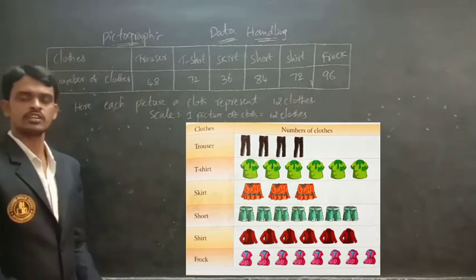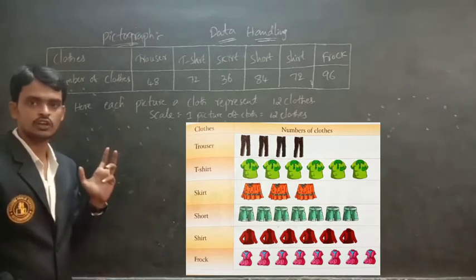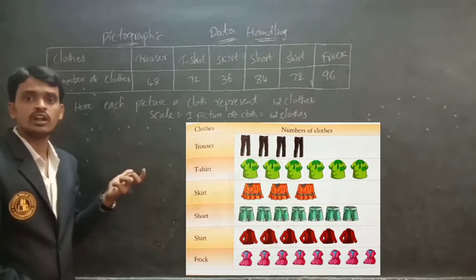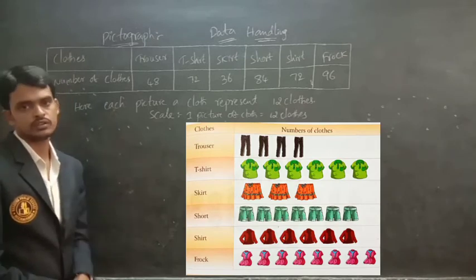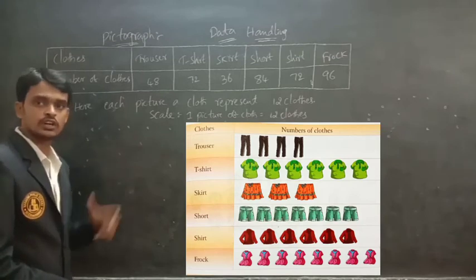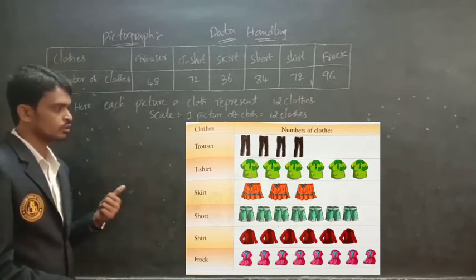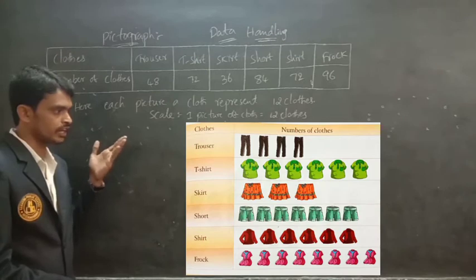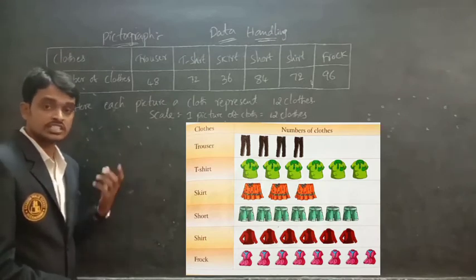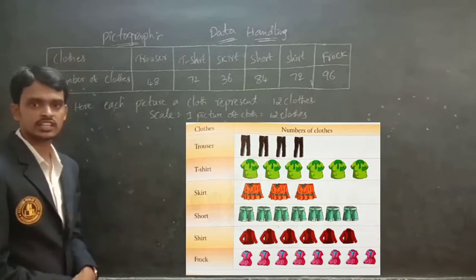In the same manner, each picture of a short will represent 12 shorts. Look here, how many pictures of shorts? 1, 2, 3, 4, 5, 6, 7. So 7 pictures of shorts are there.